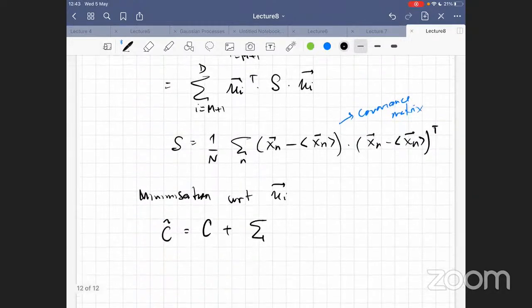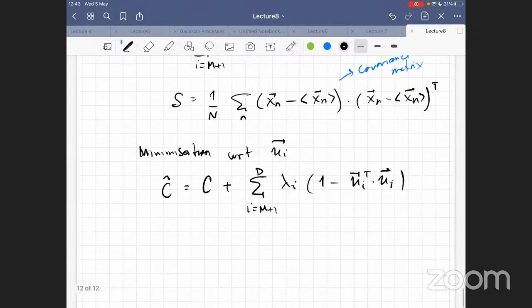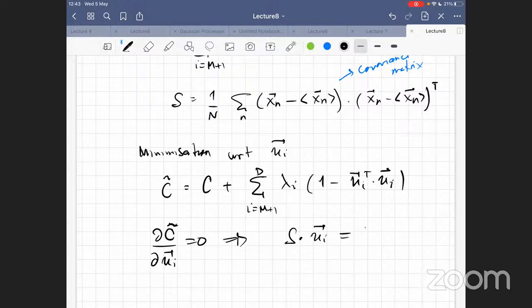These lambdas are the Lagrange multipliers, and I'm just ensuring that the normalization condition is obeyed. Now I minimize C tilde with respect to ui, and the result is that S times ui is equal to lambda i ui.